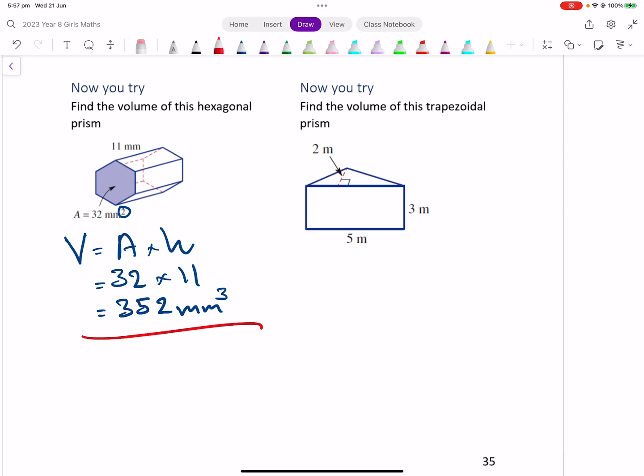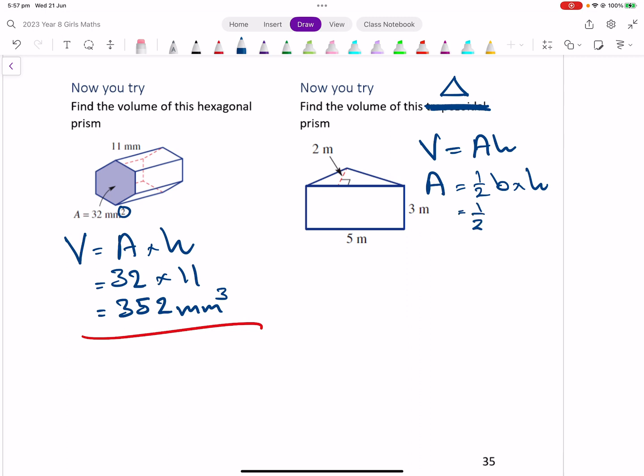Now, hang on. I just want you to fix up one error in the notes. This one here is not a trapezoidal prism. What sort of prism is it? It's a triangular prism. All right. So we know we've got to find the volume of this prism. Now we know volume equals A times H. How are we going to work out A? Well, I reckon that top shape there is a triangle. So we know that the formula for the area of a triangle is a half base times height.